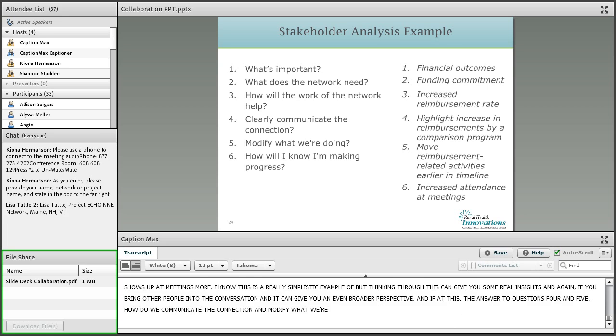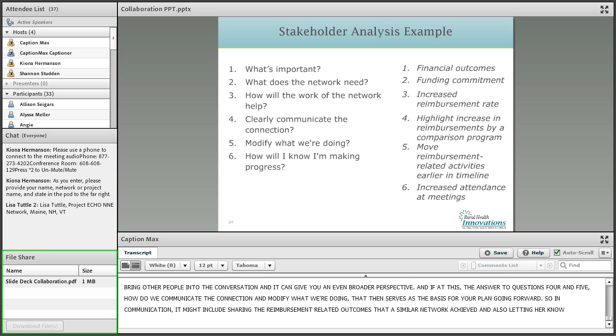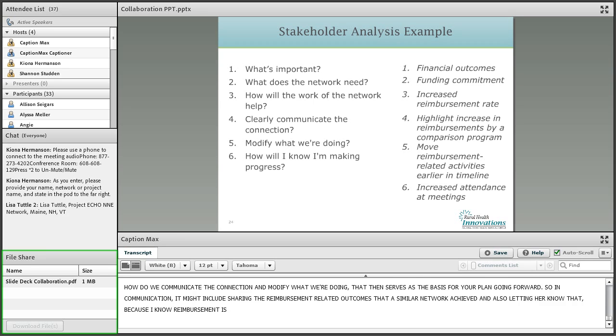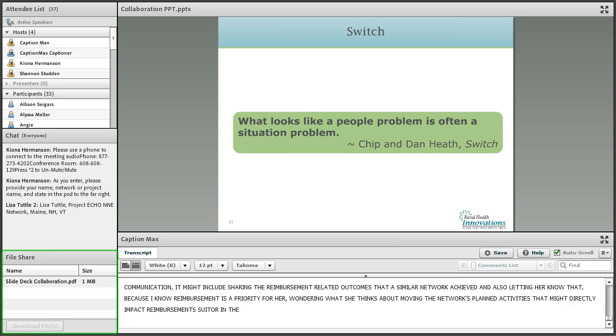So let's imagine that Eve from our stakeholder map is the CEO of a hospital, part of our network. She hasn't been coming to meetings lately. She has sent a representative, which is nice, but the representative doesn't have any decision-making authority. So the representative she has sent has to defer a lot of decisions while he serves as the go-between between the network and Eve. So going through these questions, here are some of the things you might find.